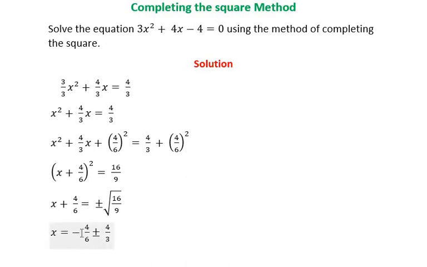Let's not forget the negative, because when you cross the equal sign, the 4 over 6 gives us negative 4 over 6 plus or minus 4 over 3. From there you work out the addition, and then you work out the subtraction.